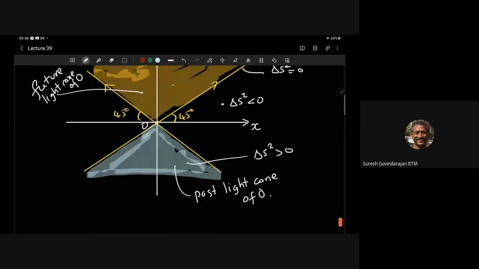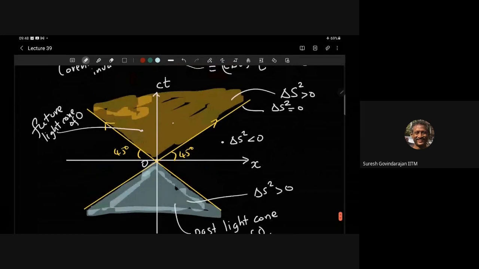Let's for a moment assume that there is a point in the future light cone of O, and also let's assume that we cannot do anything faster than the speed of light. What it means is that a person at O can affect all points which are only within the future light cone.